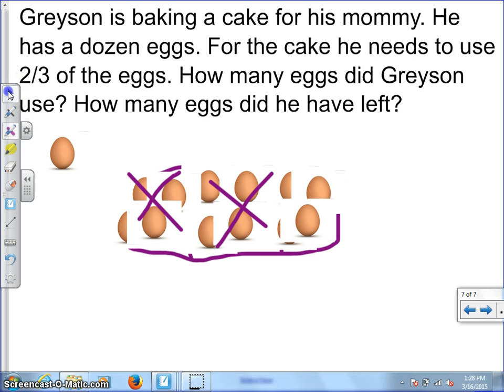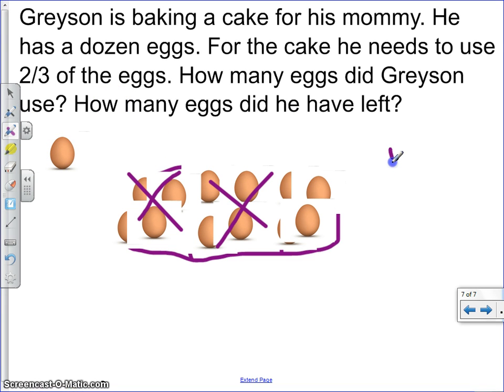Let me show you how you can use division to figure this out without drawing all these pictures. Well, I know that I have 12 eggs. Okay, and I wanted to find 2/3 of the eggs. My first step is to take the amount of eggs I have, or the amount of objects I have in my whole group, and divide it by my denominator, which was 3.